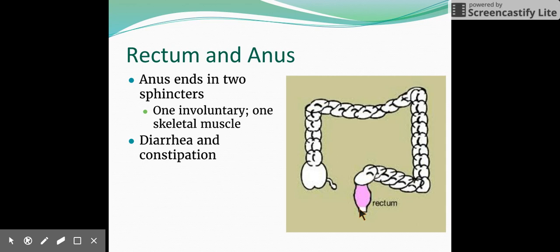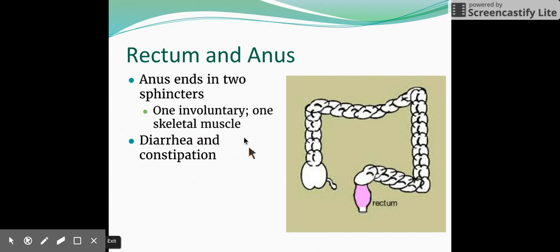It's part of your digestive system. You have no control over when that one opens and closes. The other one, that's the external anal sphincter, is skeletal muscle and is completely voluntary. This is why you can hold in feces. You don't have to poop anytime feces enters the rectum.